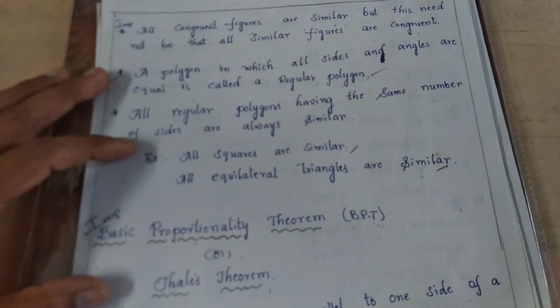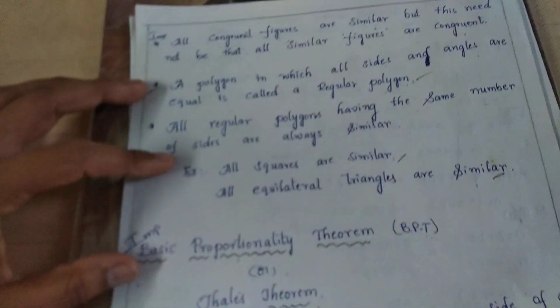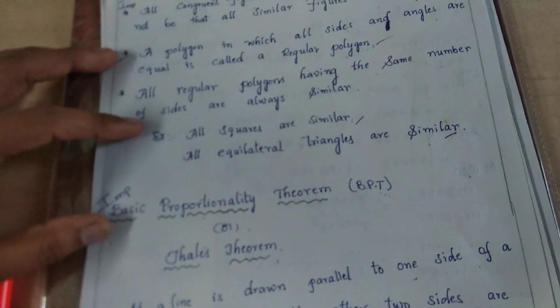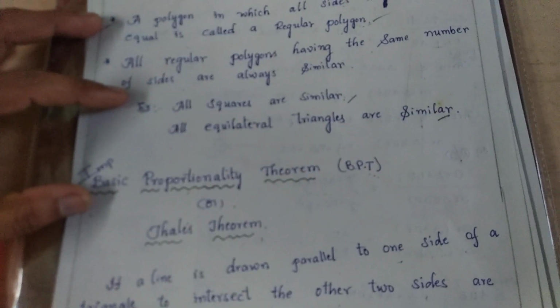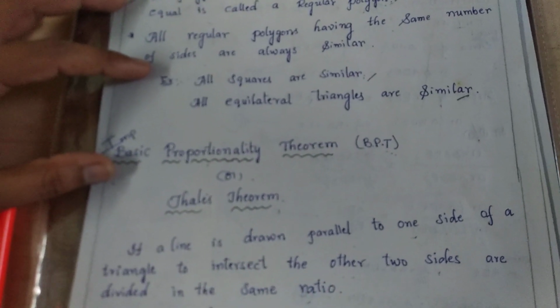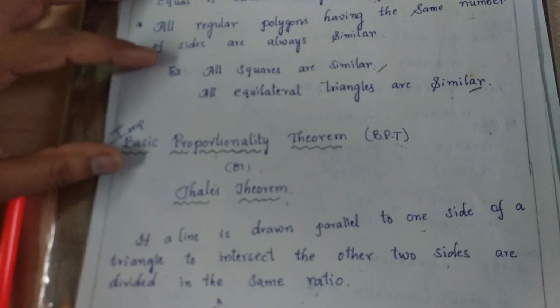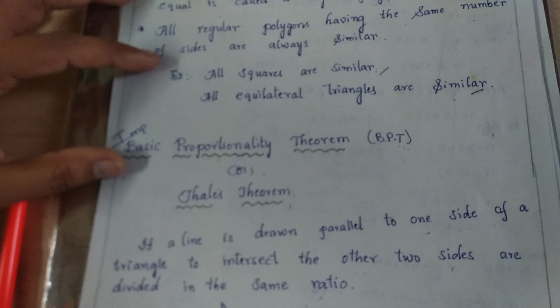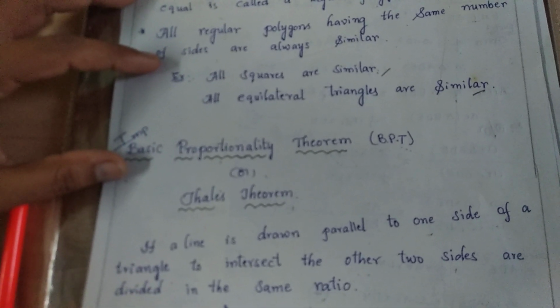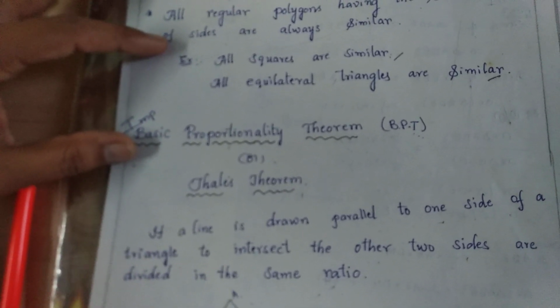Right. The next concept is the basic proportionality theorem, short form BPT, or Thales theorem. It is a very important theorem. In this chapter, problem solving is based on the basic proportionality theorem. Listen carefully, children.